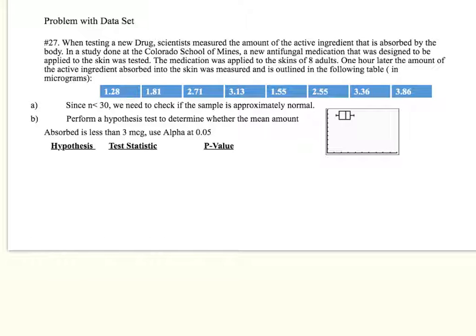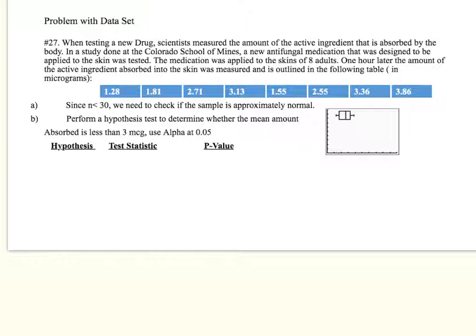The medication was applied to the skin of 8 adults. 1 hour later, the amount of active ingredients absorbed into the skin was measured and is outlined in the following table. So there is the table. There are 8 different measurements from a random sample of adults taking the antifungal medication.